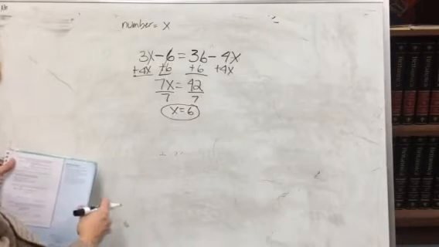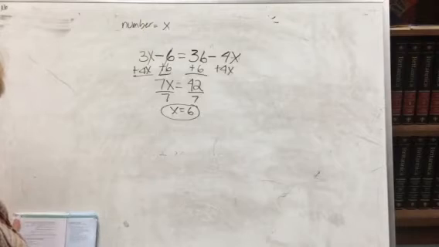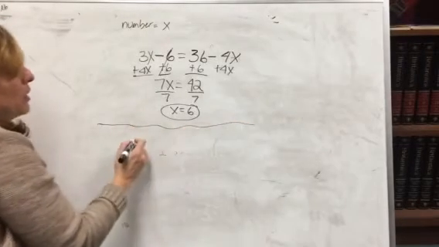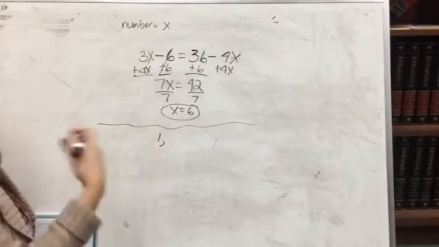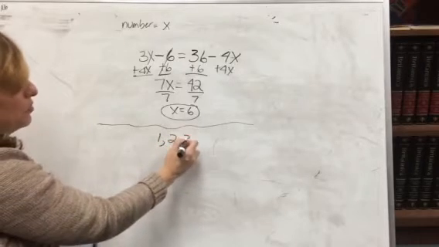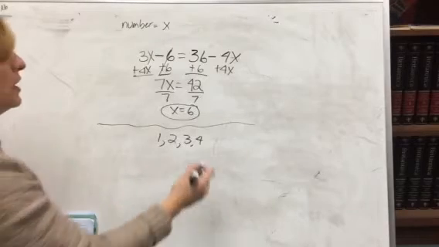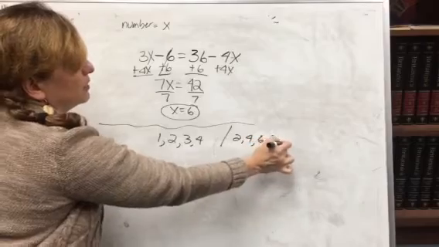Example 4. The sum of 2 consecutive integers is 49. Find the integers. Consecutive. What does consecutive mean? With the number 2, the next number is consecutive: 2, then 3, and then 4. If I was talking about consecutive even integers, I would say 2, 4, 6, 8, and so on.